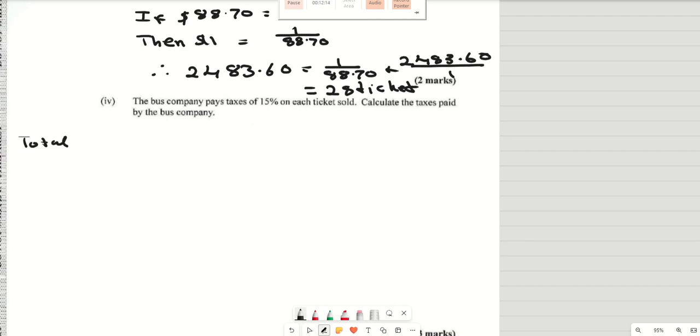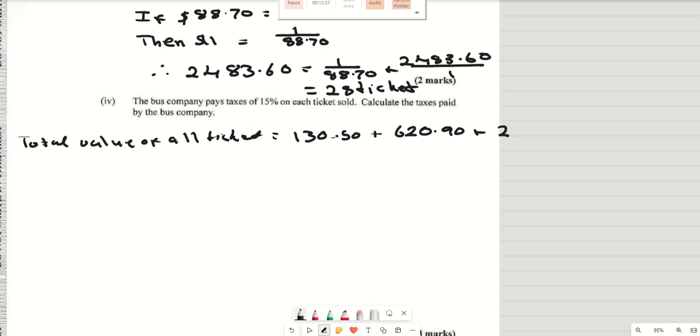The total value of all the tickets, which would be $130.50 plus $620.90, which is for your juvenile, plus $2,483.60. When you add this all up, you're going to get $3,235. Right? Yeah, so this is how much when you add it up.